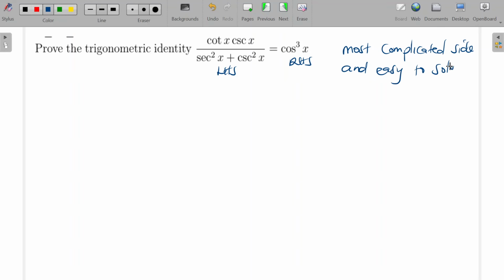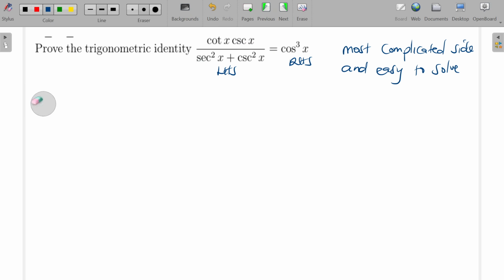The one which is easy for you to solve is this one, and it is more complicated because it requires more simplification for it to be like this. It is difficult for you to come from this side going to this side. So you pick the most complicated and easy for you to solve.